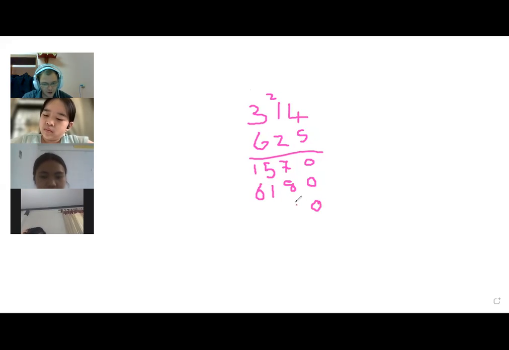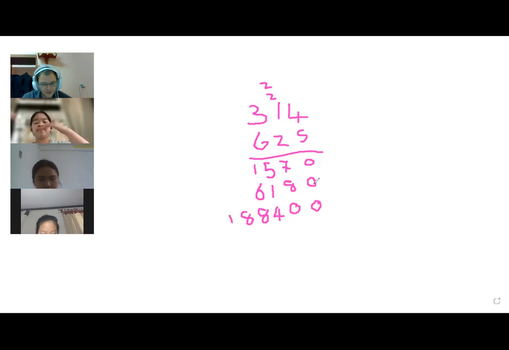Now we put 2 zeros for placeholders. What is 6 times 4? 24. Excellent. What is 6 times 1 plus 2 equals 8. And last one, 6 times 3 equals 18. So now we add everything together.